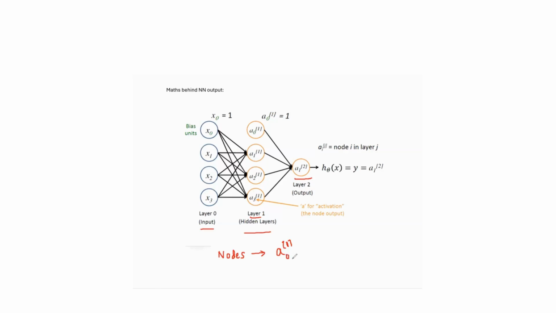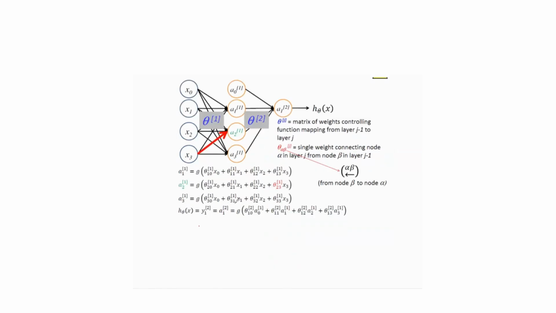And here we write A0 or A1 or A2, depending on which term we are talking about, or any of the nodes. This is how we do it. Now we will just see how the activation function in each node will work. We will work it out for maybe 2 or 3 nodes, and then we will get an idea of how this is working.